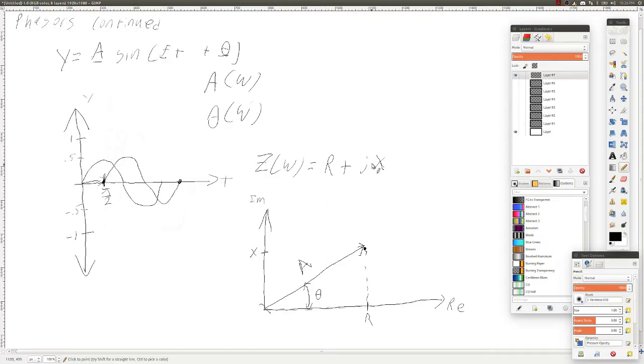So, what this means is that A of omega is equal to, if we have something like V out equal, so let's go ahead and give an example. Actually, let's go ahead and give the best example I can give, which is an RC circuit.